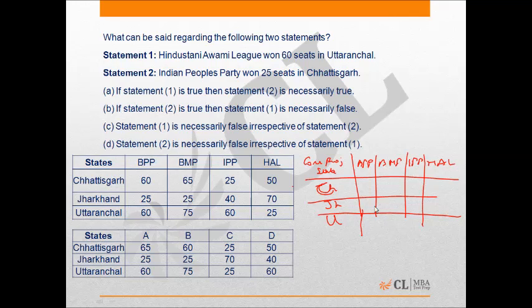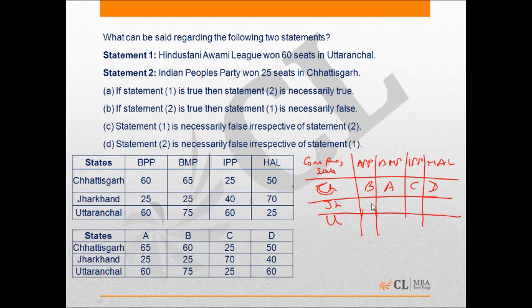Now, if the correct projection is in Chhattisgarh, so that means A would get 65 seats, so A has to be BMP. B would get 60, B has to be BPP. Similarly, C would get 25, C has to be IPP, and D has to be HAL.